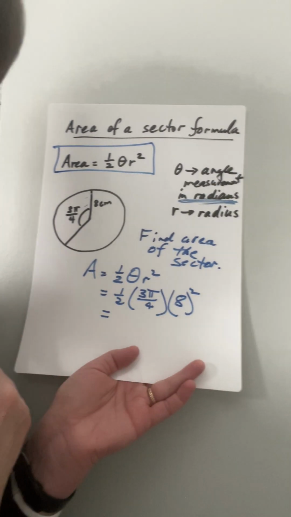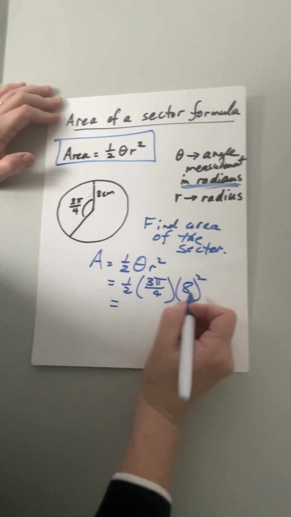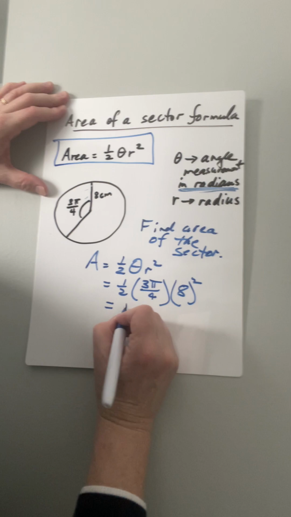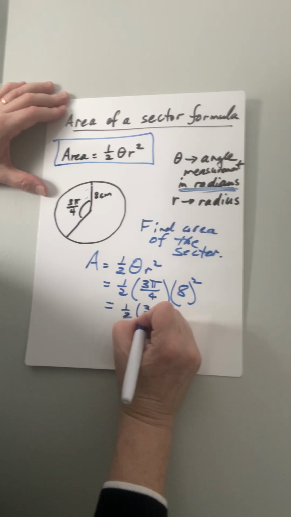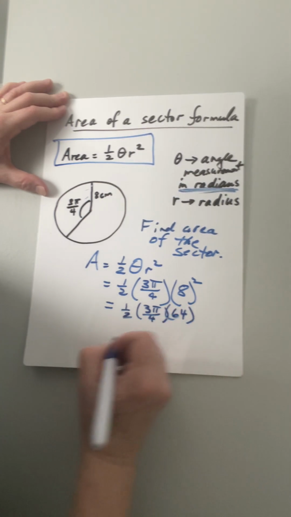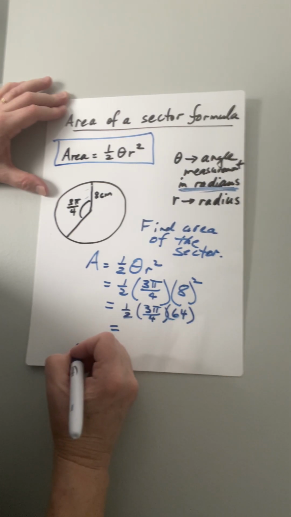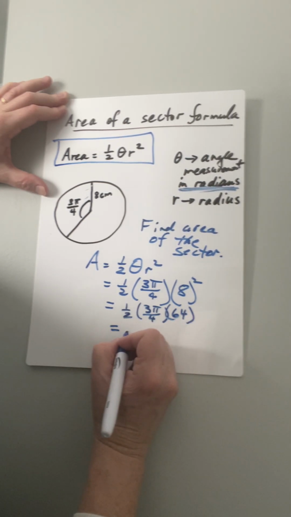So again, we'll leave this in exact simplest form. When we do this, that'll be 64. So 1/2 times 3 pi over 4 times 64. I'm going to do the 1/2 times the 64 because that seems like it might be an easy thing to do.